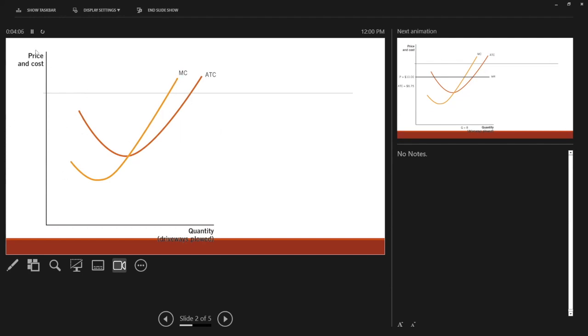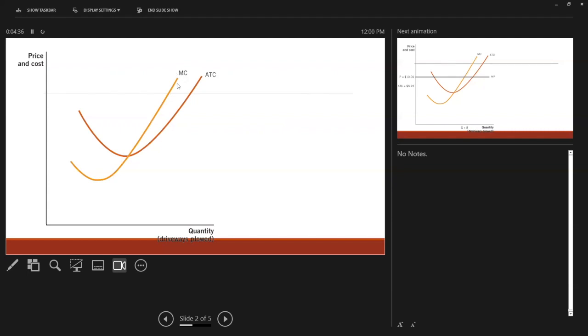So here we have the setup, which is price on the vertical axis and quantity on the horizontal. And we have a marginal cost and average total cost. Here, the marginal cost crosses the average total cost at the minimum point of the average total cost. Why is that? Because marginal cost is the driving engine. It is the cost of the additional product, right? If that is higher than the average total cost, it's going to drag up the average total cost.